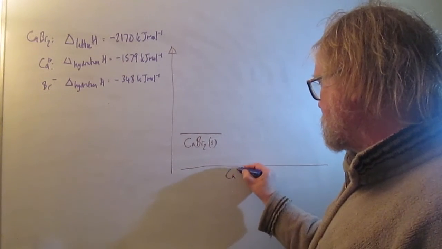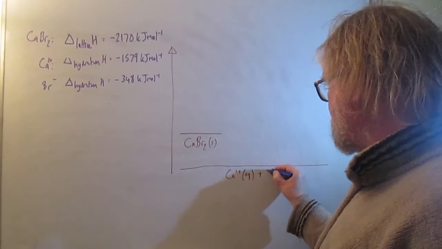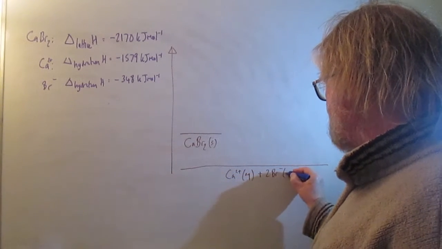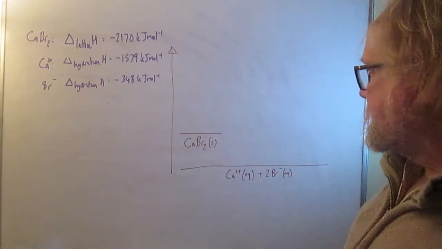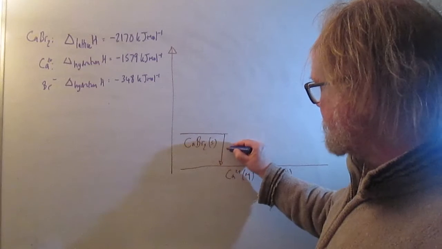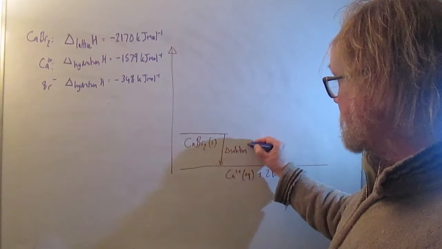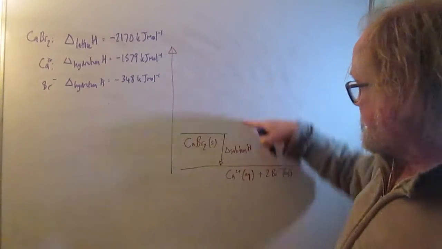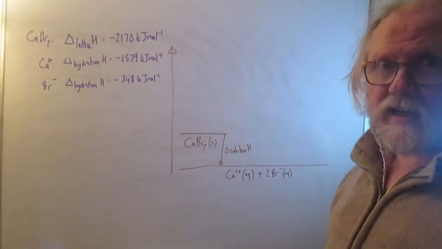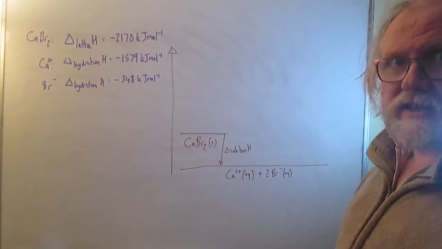So this is our final state. I have guessed here that delta H of solution, which is this overall change, is going to be exothermic. It might turn out to be endothermic, in which case this level should properly be up there, but it won't affect the calculation, so there's no problem about just setting up the cycle like that.